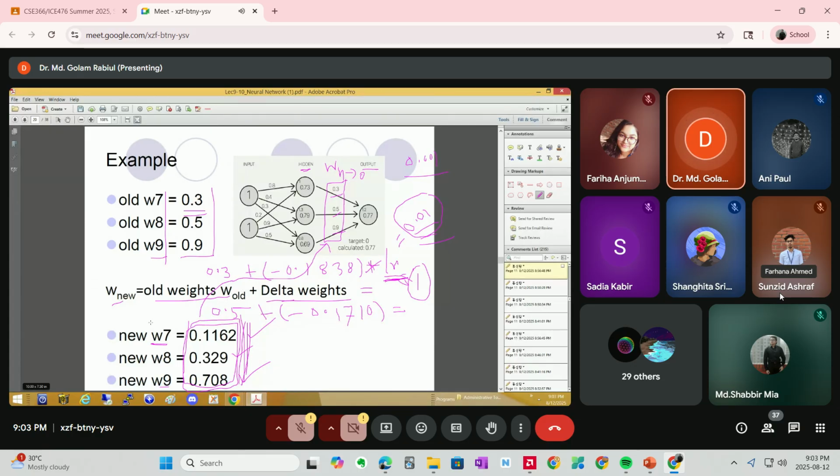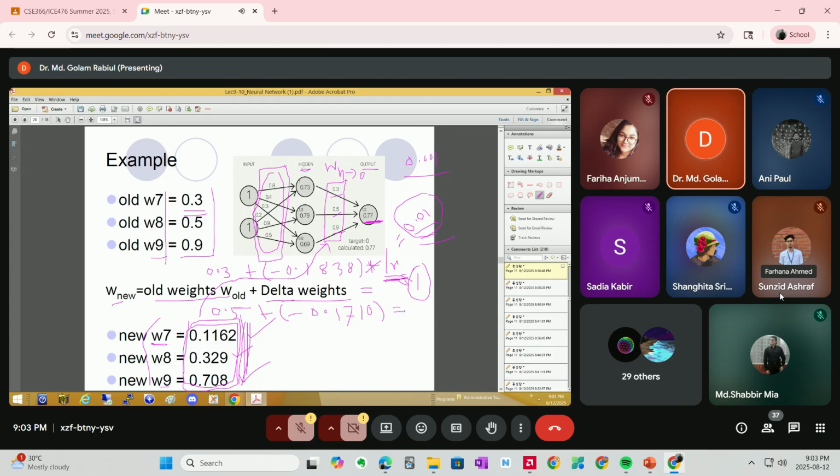Okay, so we have already got the new W7, W8, and W9. But still, we need to find out the new values of W1, W2, W3, W4, W5, and W6. But for that, we can see that these weights don't have a direct relationship with the output, or we can say the result.